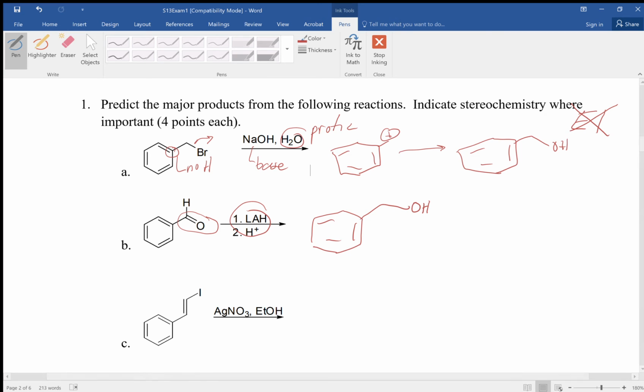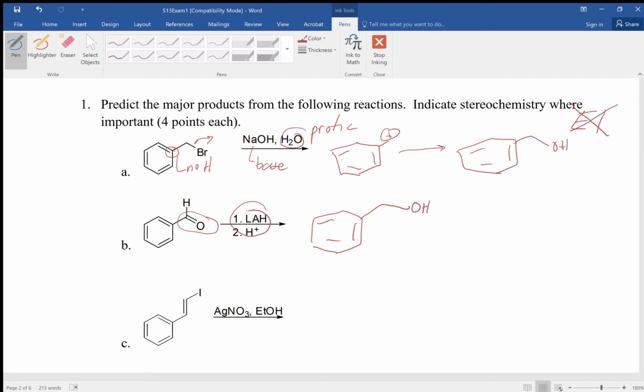All right, part C, we have the addition of silver nitrate and ethanol. And you may recall in lab that this was part of our first experiment, where we were comparing the rates of various SN1 and SN2 reactions with different alkyl halides.